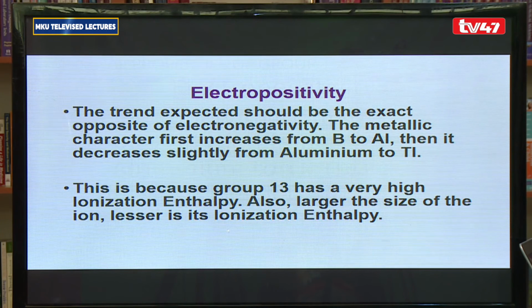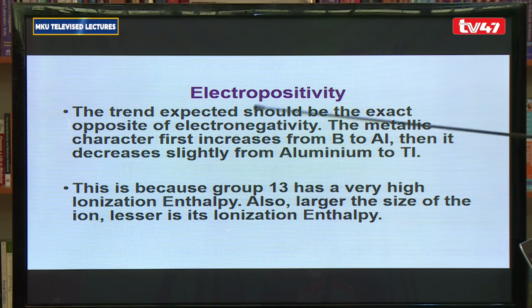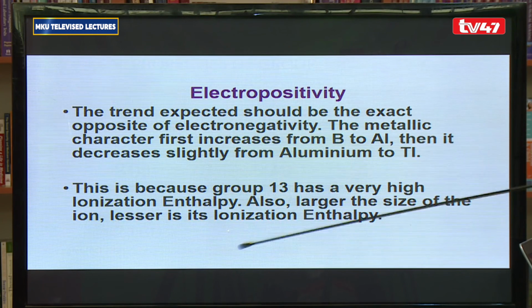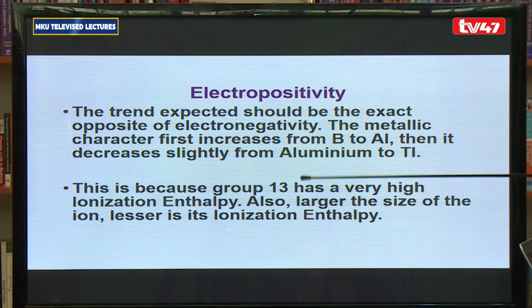Now, the electropositivity also does not increase uniformly down the group. The trend that is expected is the opposite of electronegativity. The metallic character increases first from boron to aluminium, then it decreases slightly from aluminium to thallium.